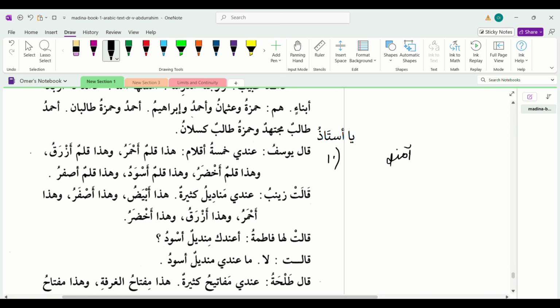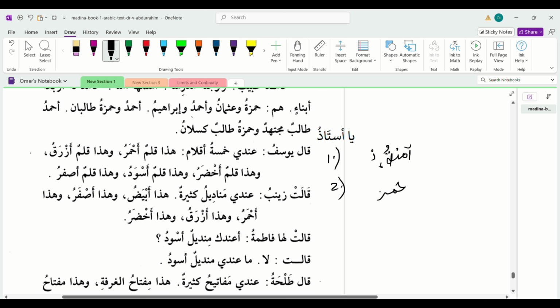Since these are feminine proper nouns or feminine names, they will never get the tanween. Aminatu and Zainabu, and masculine proper nouns that have the ta marbuta will never get the tanween too.